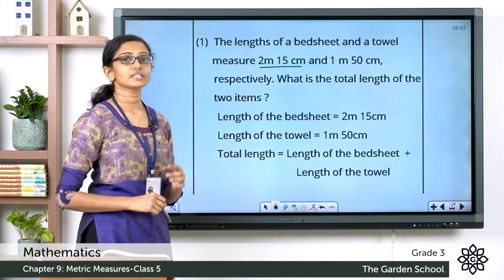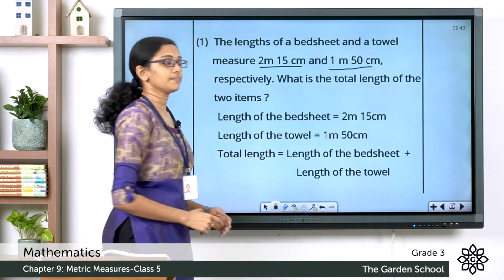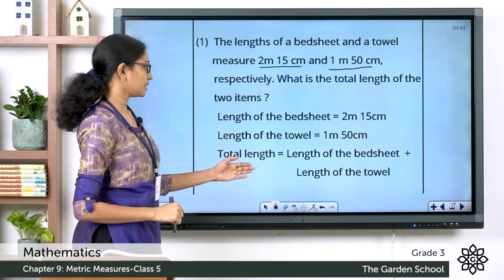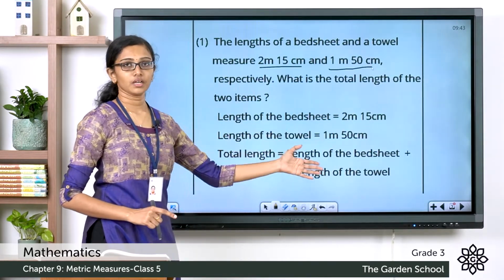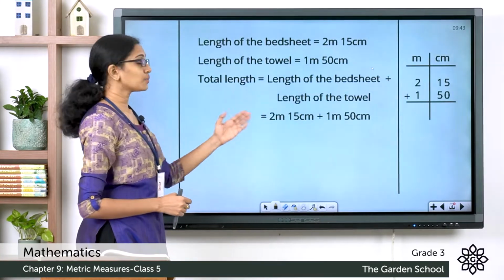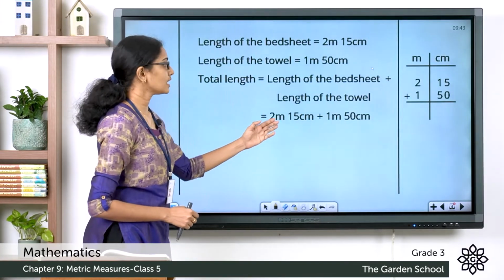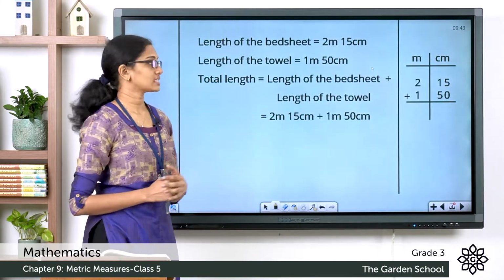Now length of the towel is equal to 1 meter 50 centimeter. So the total length would be length of the bed sheet plus length of the towel. So let's substitute the measurements here. Now that would be equal to 2 meter 15 centimeter and 1 meter 50 centimeter.